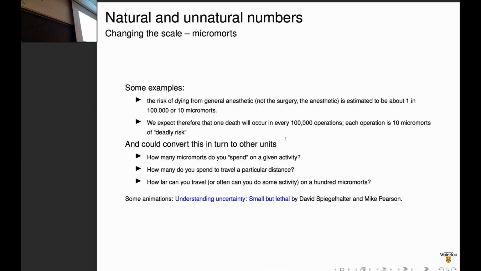For example, if I want to travel from here to Toronto, how many micromorts am I spending compared to riding a motorcycle? I'm going to be at different risk levels, and that's why cars will often be safer for traveling.